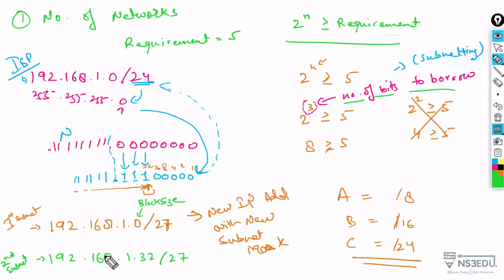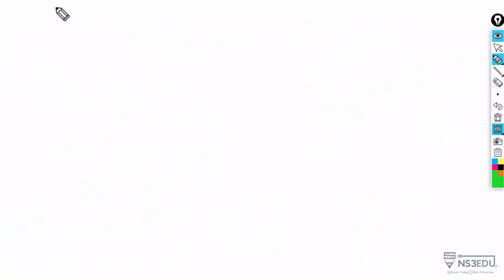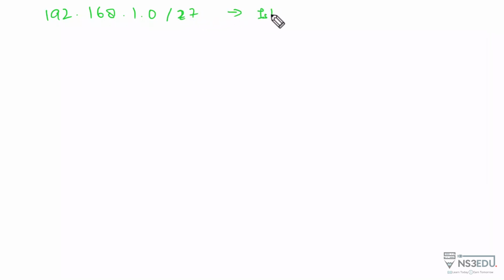Now we will go on and on, adding the block size to these subnets. It was 192.168.1.0/27, the first subnet.